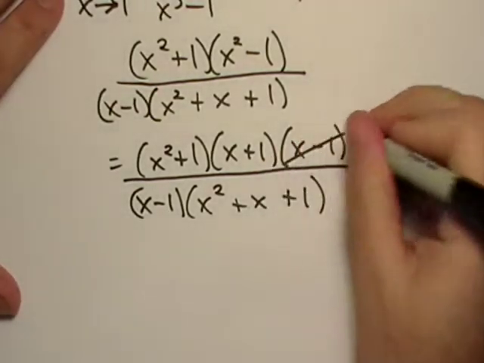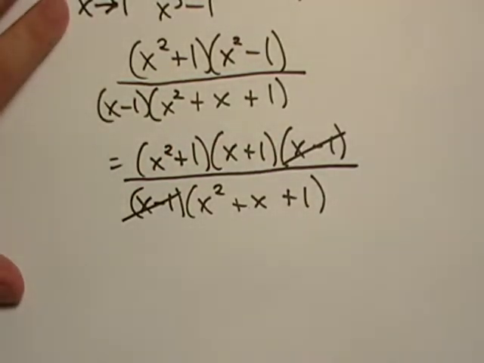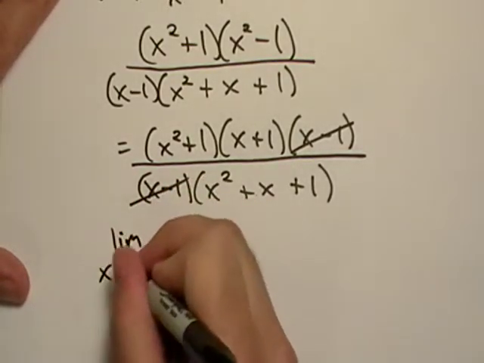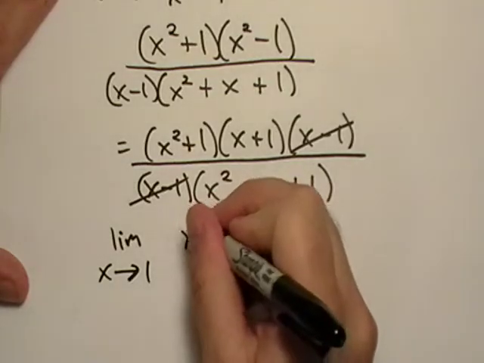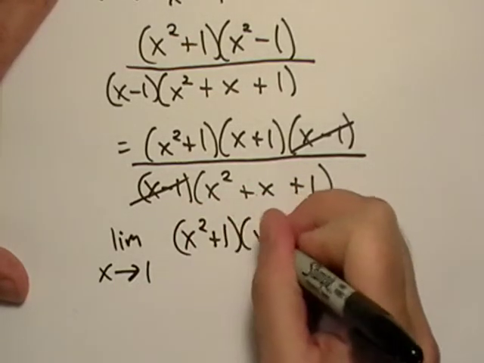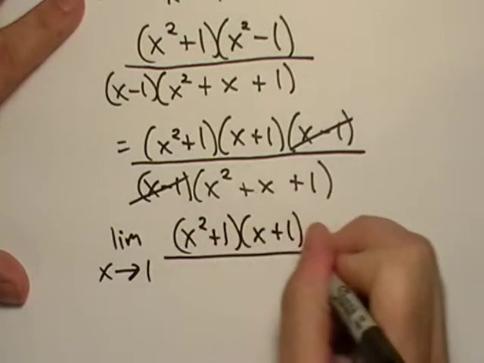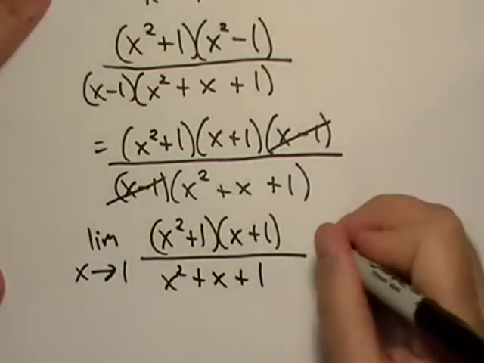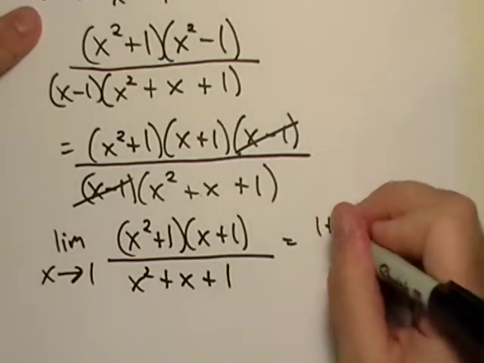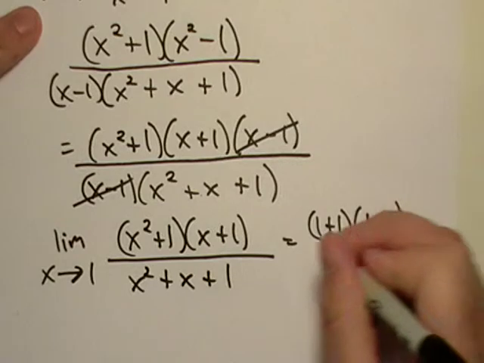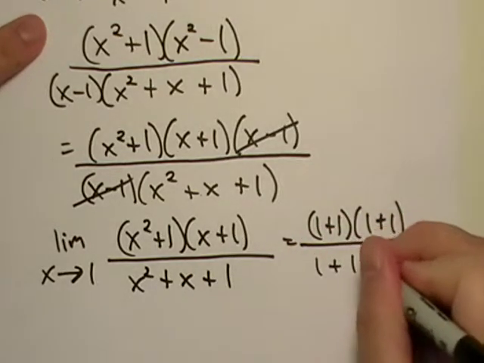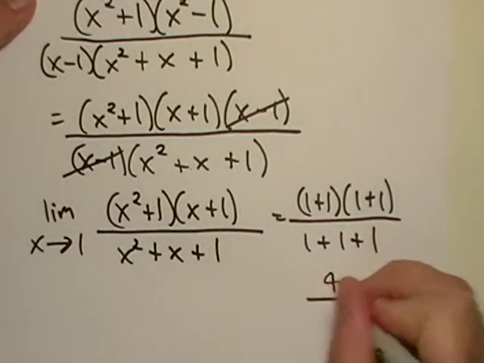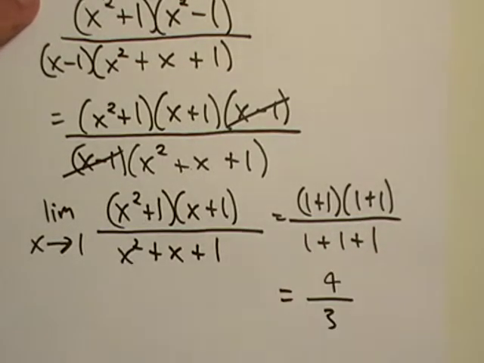Okay, so the x minus 1 cancels, and there's really nothing else that'll cancel. So let's go ahead and now we'll evaluate the limit. Okay, and this is pretty. That just ends up 2 times 2 is 4, and 3.